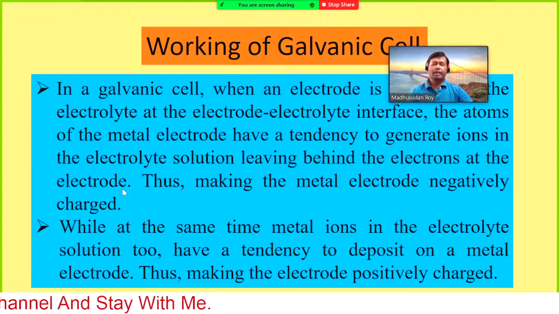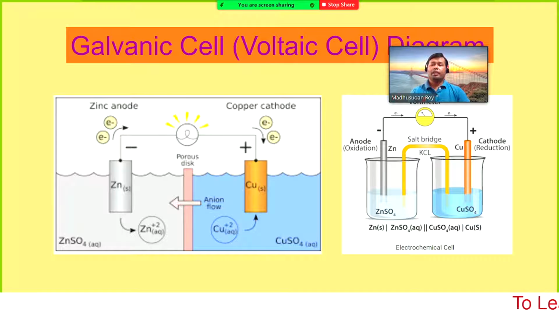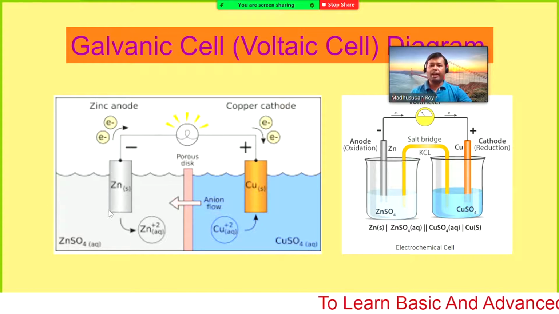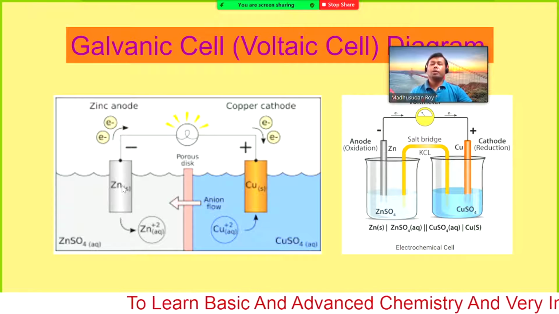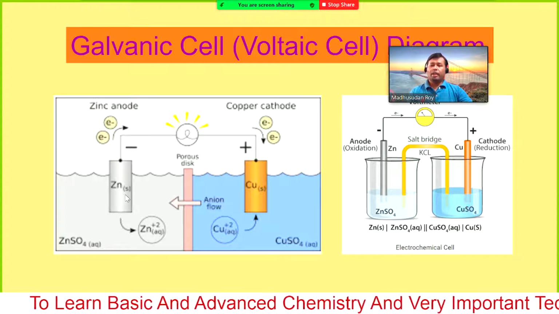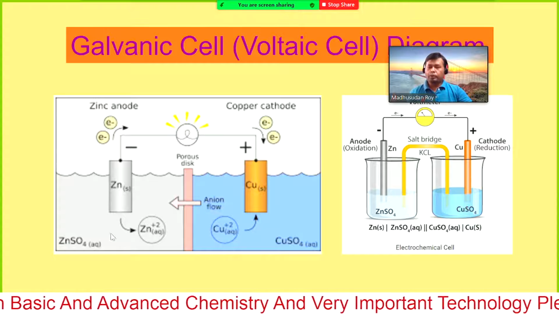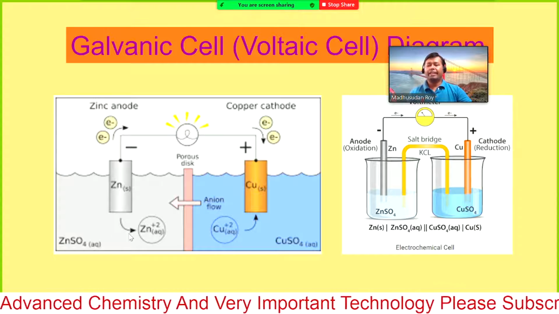So what happens when the electrode comes into contact with the electrolyte? The metal donates some electrons and goes into the solution as an ion.